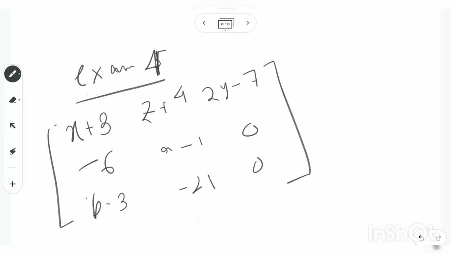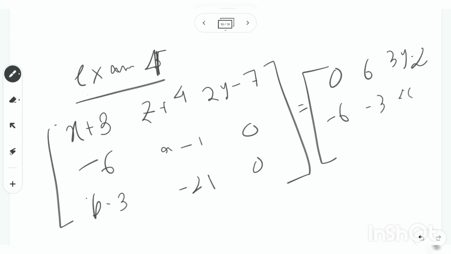This is one matrix. And then another matrix is 0, 6, 3y minus 2, minus 6, minus 3, 2c plus 2, 2b plus 4, minus 21 and 0. This is another matrix. Let us name these two matrices A and B. So this is equality of matrix.